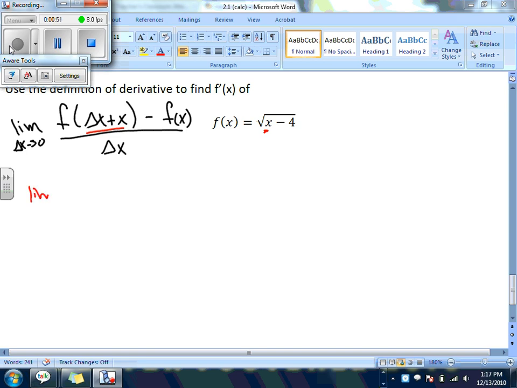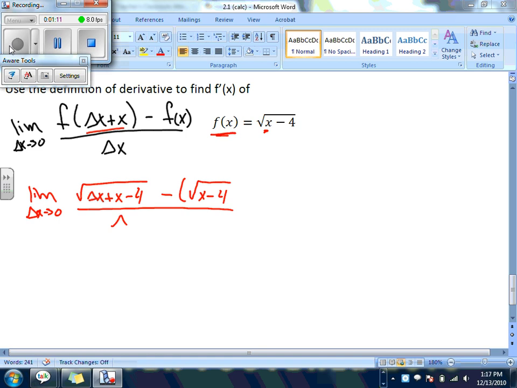So we're going to take the limit as change of x approaches 0 of the square root of change of x plus x minus 4, minus now just my original f of x, so minus the square root of x minus 4, all over change of x.